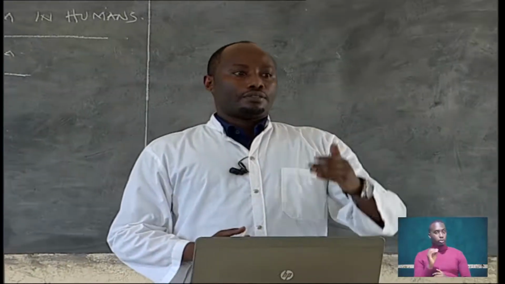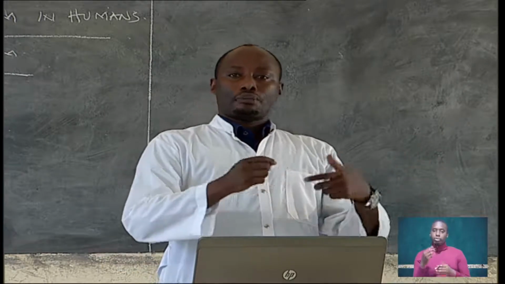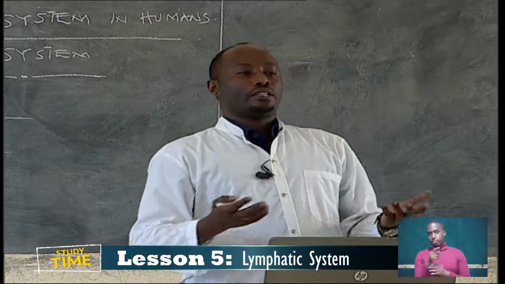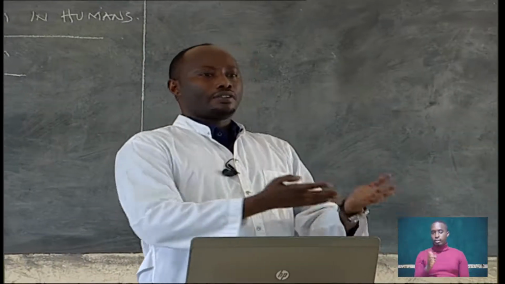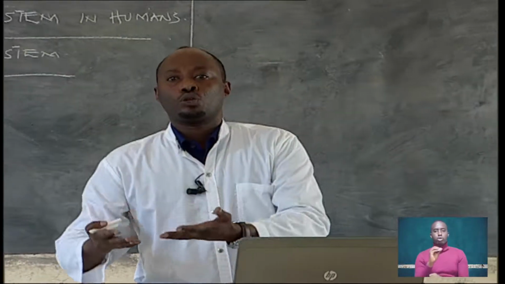They also have swellings along their lengths, called lymph nodes. These lymph nodes are located in very many parts of our body, and they contain what we call lymphocytes. We have our immune system. Lymphocytes produce antibodies. And what do antibodies do to our body?